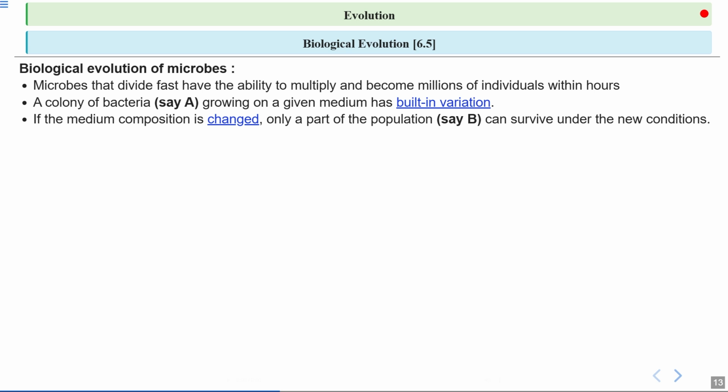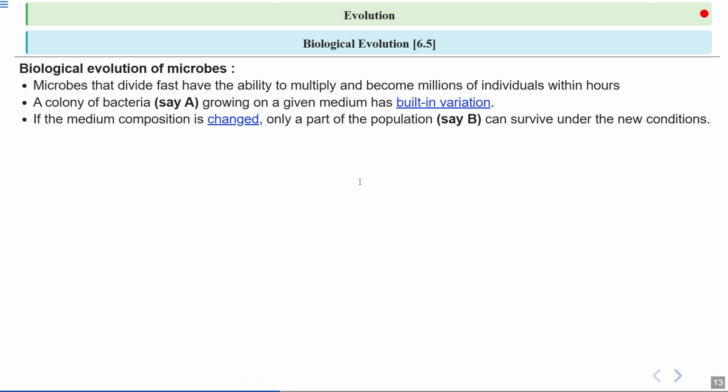Now, what did you do? The composition of the medium in which this colony was growing was changed. And you can see only a part of this population, say B, can survive under these new conditions. Due to some variations, new traits arose, and these new traits gave a survival advantage to this population, which we are calling B, because it was able to survive in the new conditions.